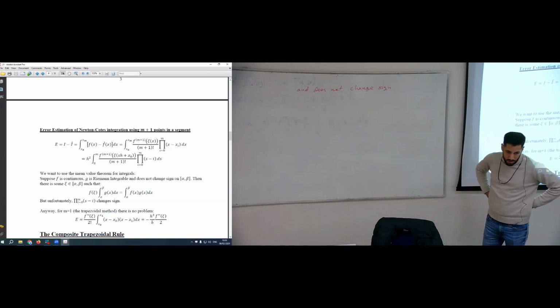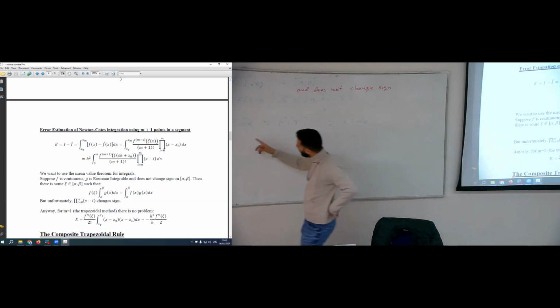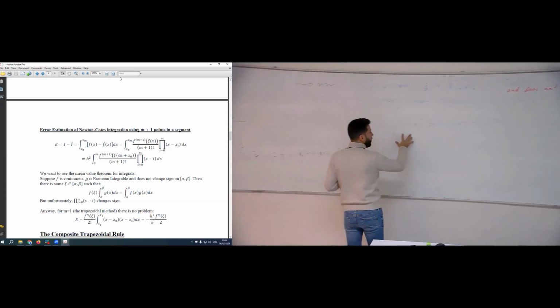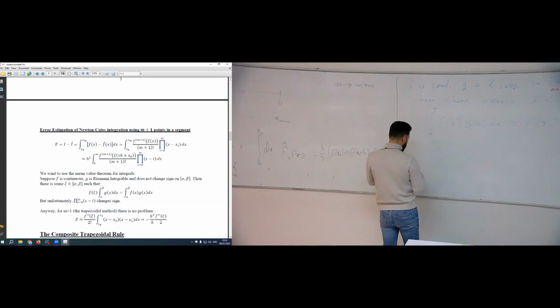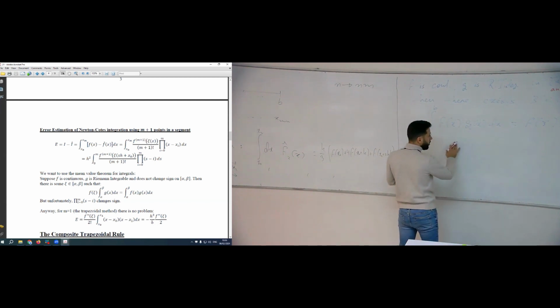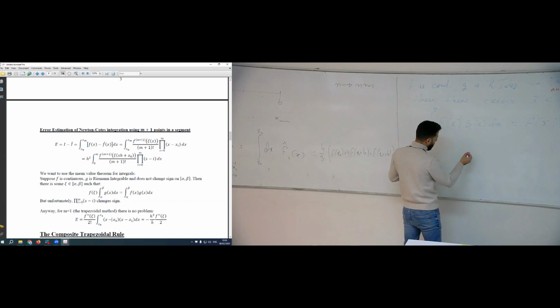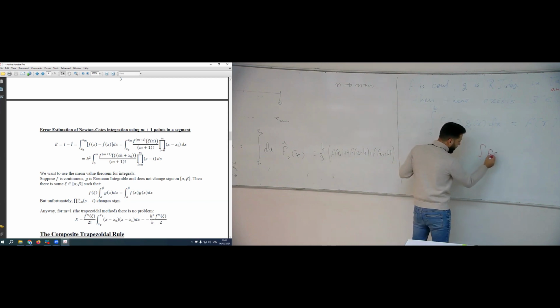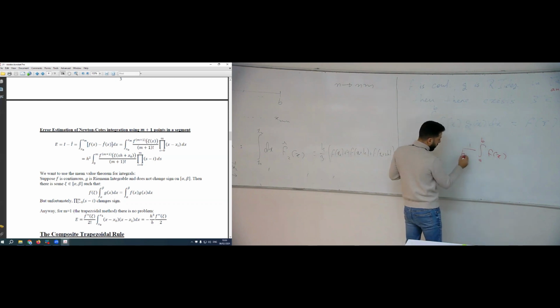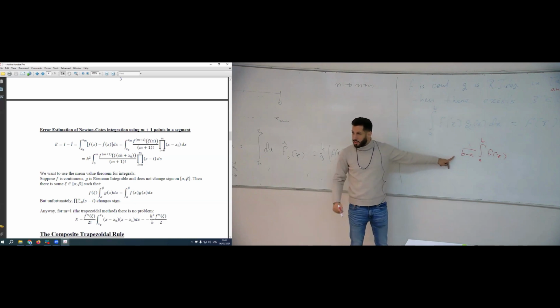definitely true. Okay, I think you know the simple version of it when g equals 1. Okay, you know that when g equals 1, the integral of f of x from a to b divided by b minus a equals to what?